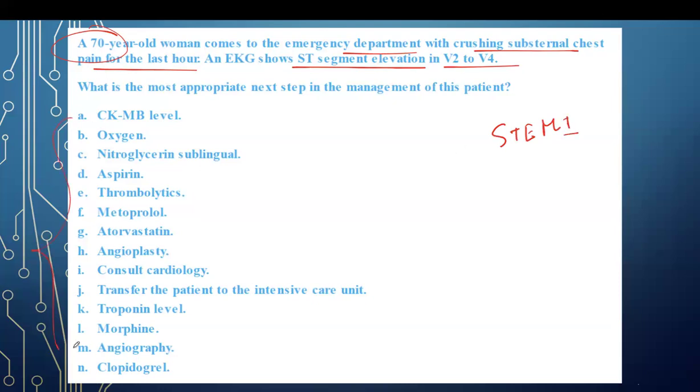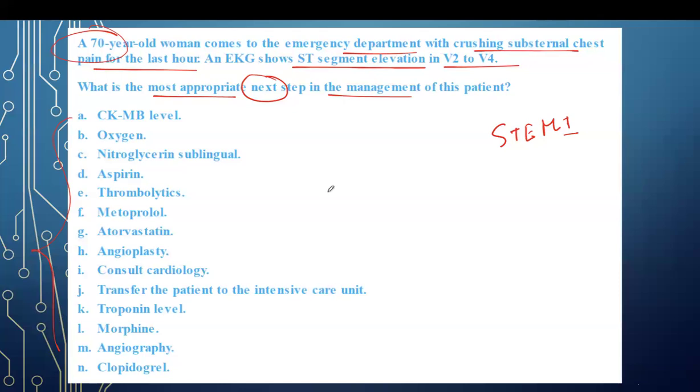Although in the exam you don't get that much information, you always get 5 options. What do you think will be the most appropriate next step for this patient? I hope you remember from our question solving classes that most appropriate next step means the initial management in such a patient.